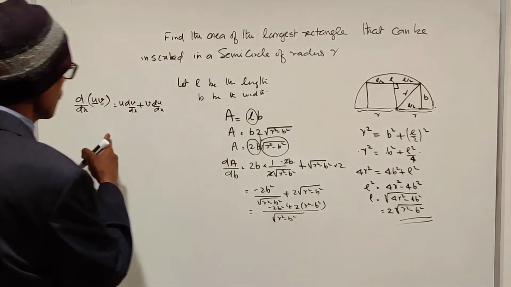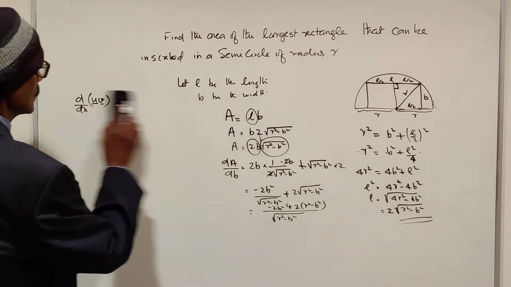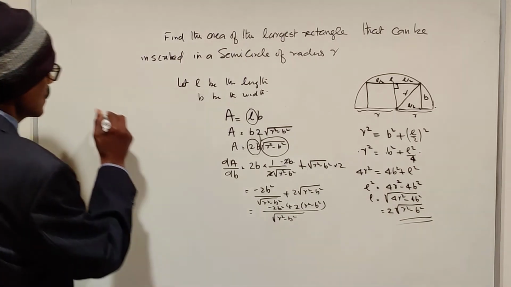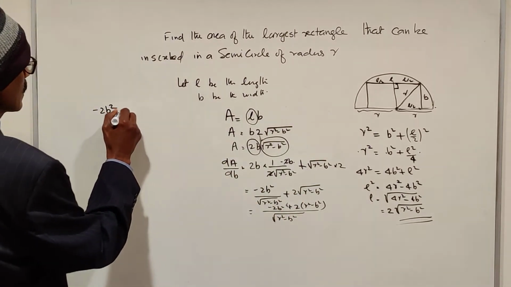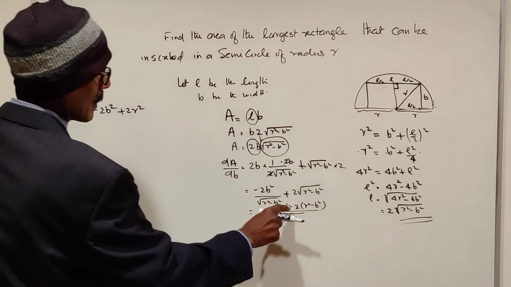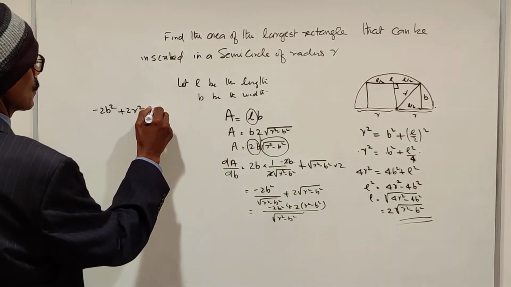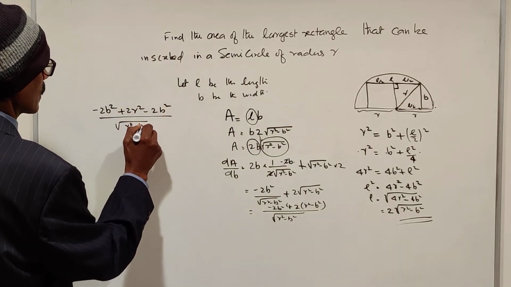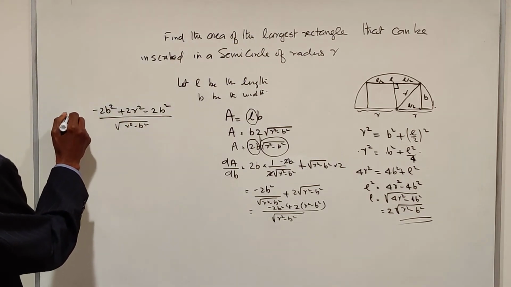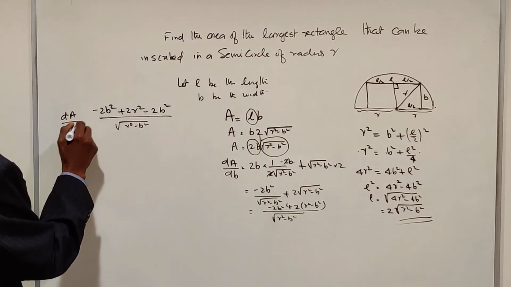I am going to write here minus 2b square plus 2r square, 2 times minus b square, minus 2b square divided by square root of r square minus b square. This is dA by dB.